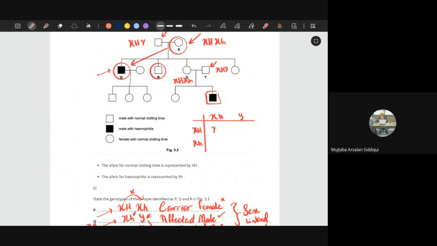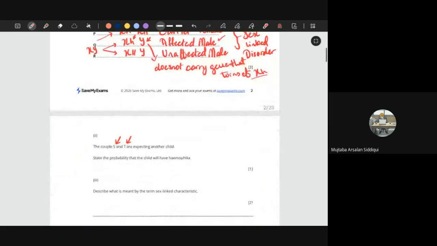So no hemophilia, and no hemophilia. But there will be one child who will be male who will have hemophilia, which is this child. So the percentage is 25%.